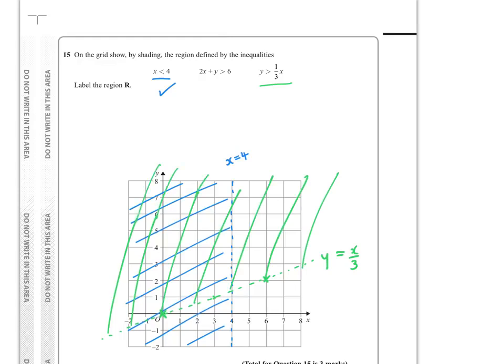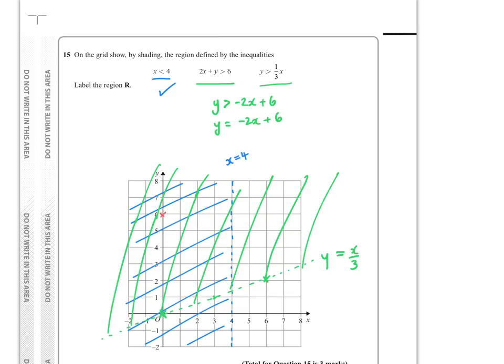And then finally, we want 2x plus y is 6. If we can draw that line, then we can look at the inequality later. Let's just rearrange that. Well, let's just say we want to look at y equals minus 2x plus 6. So when x is 0, y would be 6.